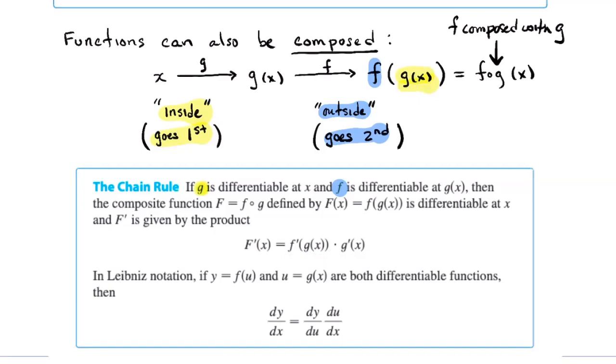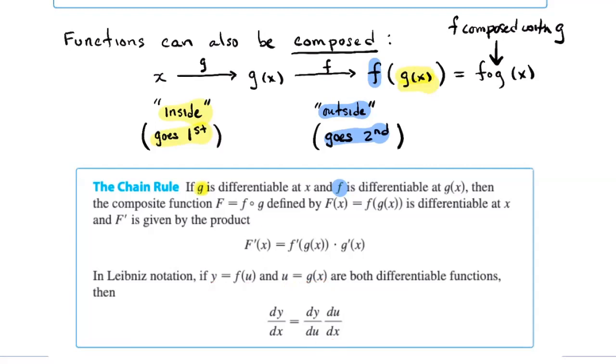In the Leibniz notation, if you wanted to give separate names, if we called the outermost output y, so f of u is y, and then we call u g of x, so x is the innermost variable, and we're giving u a temporary name, then the Leibniz notation says that the derivative of y with respect to x, dy dx, is the derivative of y with respect to u, that's your outside function's derivative, times the derivative of u with respect to x, that's your inside function's derivative.